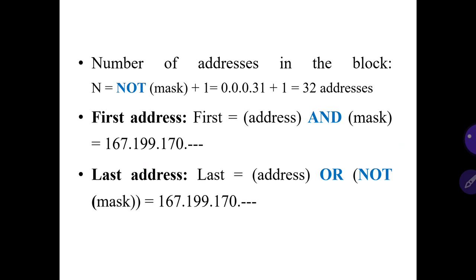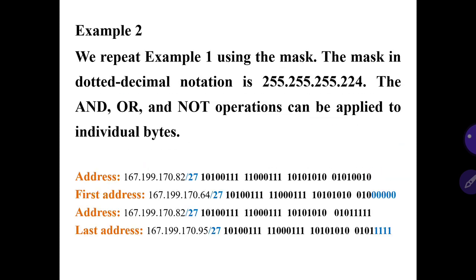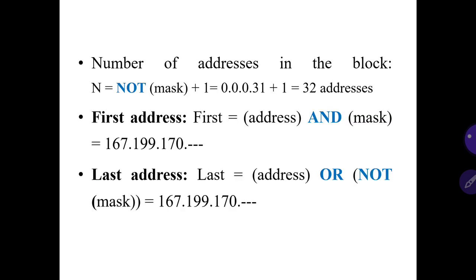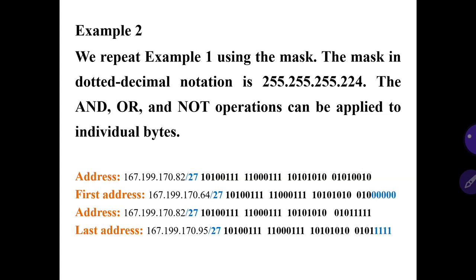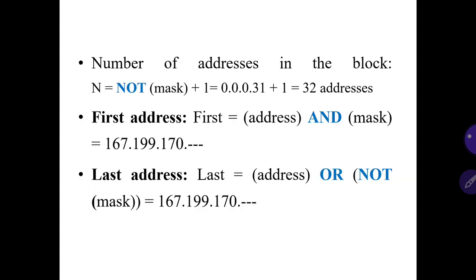First address: given address AND mask gives 167.199.170, then the last byte, 82 becomes 64, sorry, the last byte comes to 64. Last address: OR with NOT of mask gives the last byte as 95. In this way we can also calculate the first address, last address, and the number of addresses.